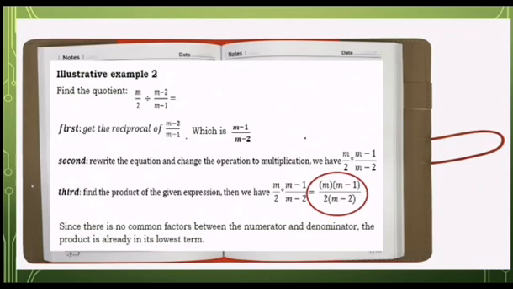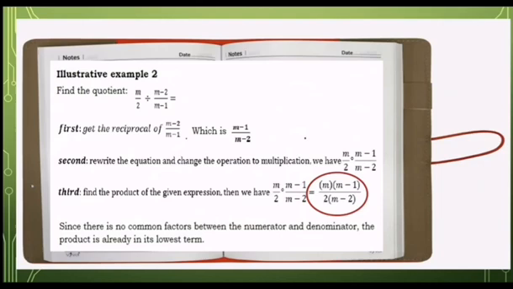Illustrative example number 2. Find the quotient m over 2 divided by m minus 2 over m minus 1. First, get the reciprocal of m minus 2 over m minus 1, which is m minus 1 over m minus 2. Second, rewrite the equation and change the operation to multiplication. We have m over 2 times m minus 1 over m minus 2.